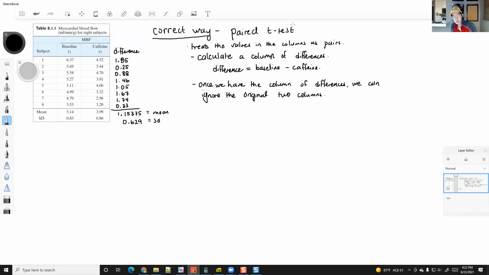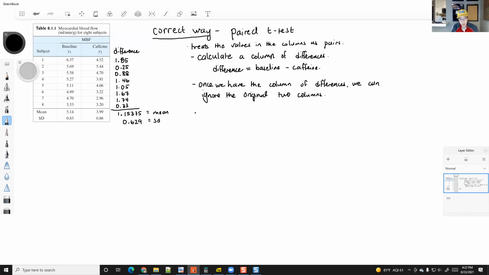So now we're going to treat this almost as if we just have one sample, and it's the column of differences. We pretend we have one sample, a sample of differences.